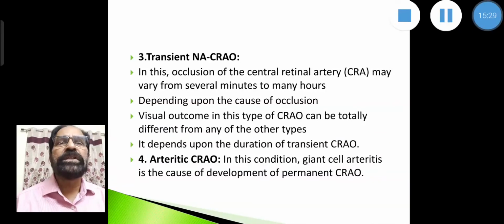It depends upon the duration of the transient central retinal artery occlusion. Then the fourth type is arteritic central retinal artery occlusion. In this condition, giant cell arteritis is the cause of development of permanent central retinal artery occlusion.